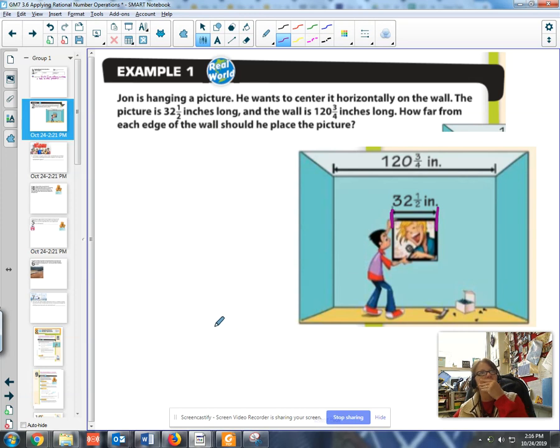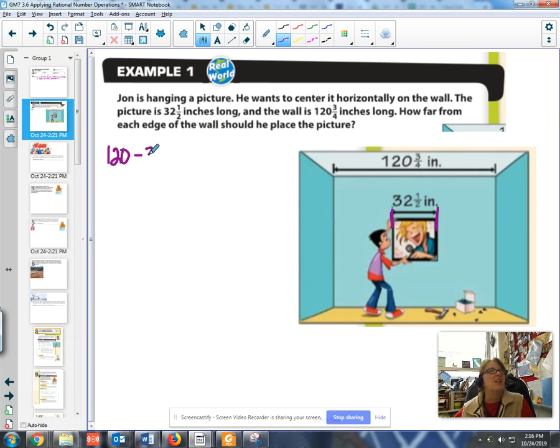So let's think about this. It's a little more than 120 inches. We're going to take 32 inches out of the middle, and then the leftovers should be the same amount on each side. So in a sense, and here's my approximation, it's about 120 inches.